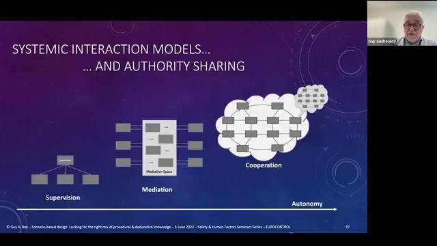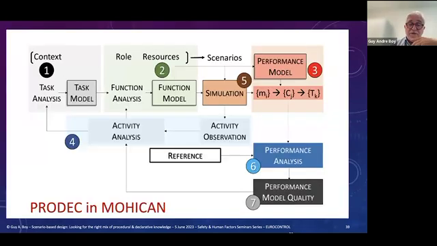We have at the moment three kinds of systemic interaction models: supervision, mediation, and cooperation, and they are embedded into each other. When you develop this PRODEC approach, you can figure out if it's mediation or cooperation, and if you are not sure, then you run a simulation. So I pass on this one.